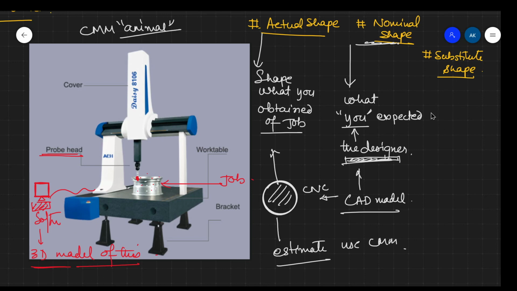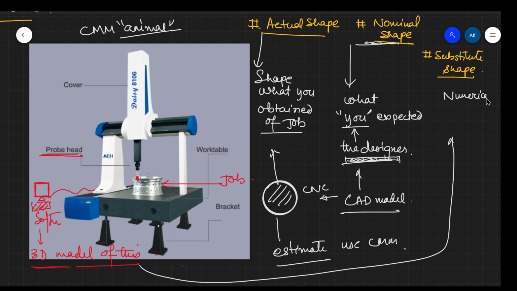This numerically constructed model by the CMM will be called a substitute shape. So we have three shape understandings. Now you know what these things are.